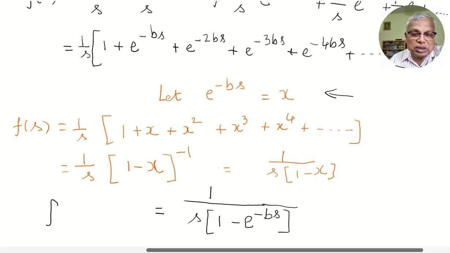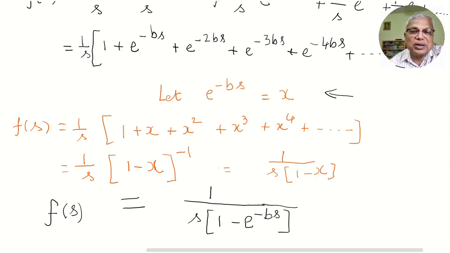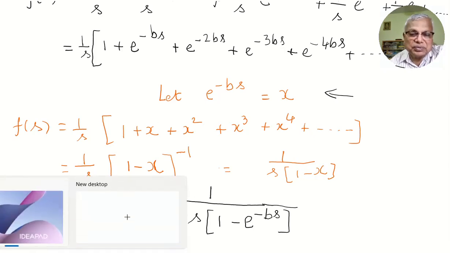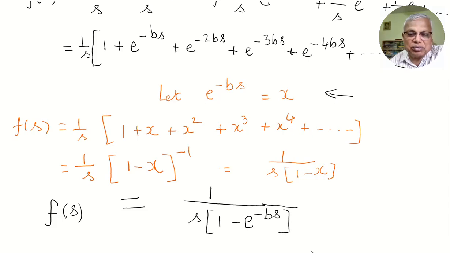The Laplace transform of the staircase function found by successive addition of unit step functions is equal to this. The Laplace transform of the staircase function found by successive addition of unit step functions, as asked in the question, is this. Do we have this in the options?